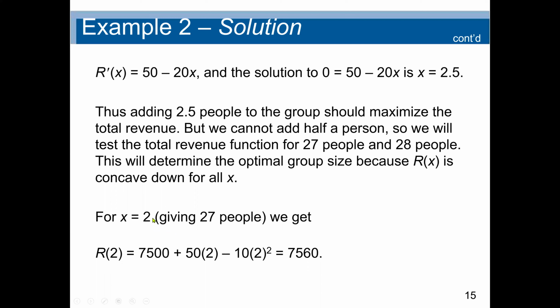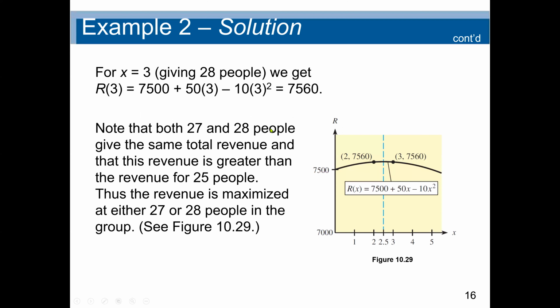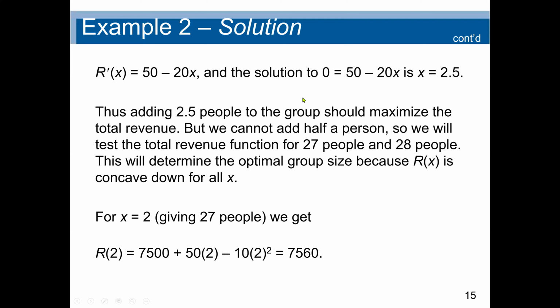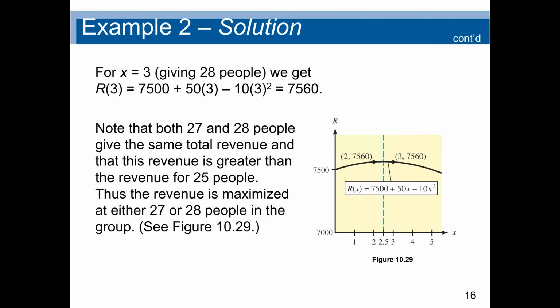So we test with 27, we get 7,560. And we test with 28, we get the same value. Yeah, 7,560 for 27, and 7,560 also for 28. So we should note that both 27 and 28 people give the same total revenue.